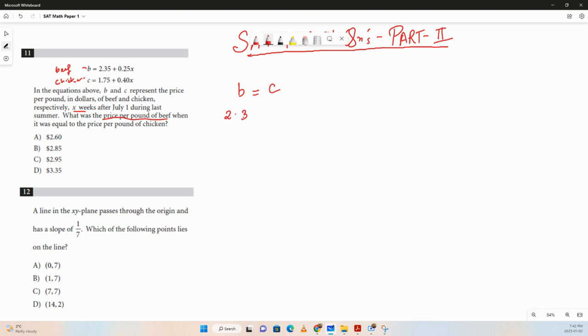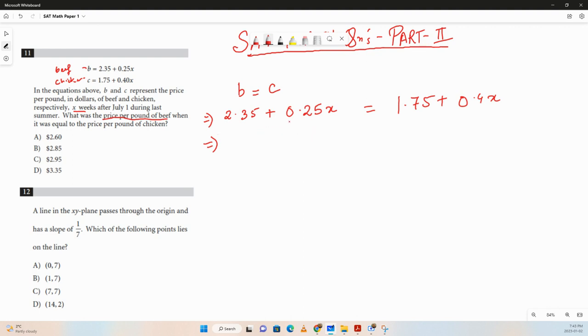So 2.35 plus 0.25x is equal to 1.75 plus 0.4x, right? So what we always do when we get an equation like this, we'll take all the like terms on one side and the unlike terms on the other side, right?